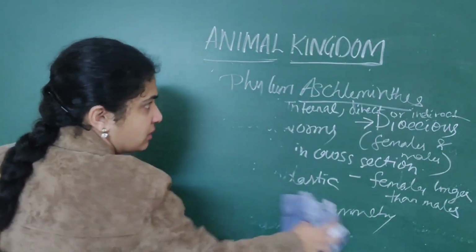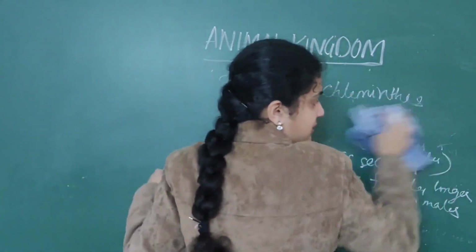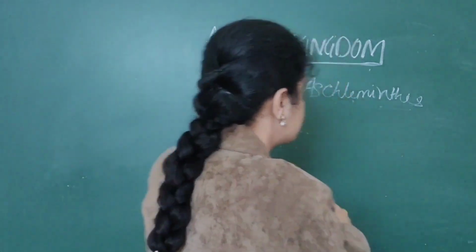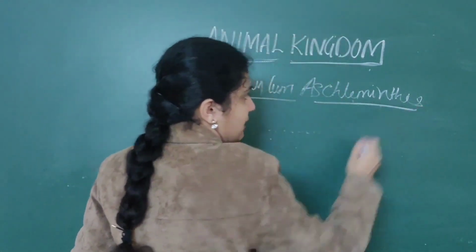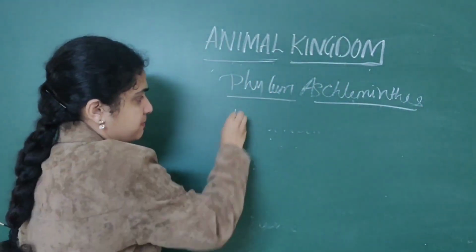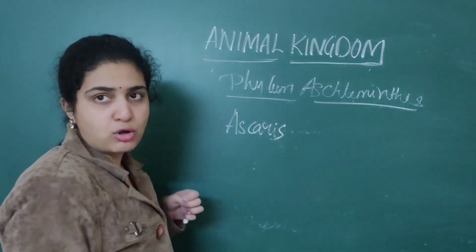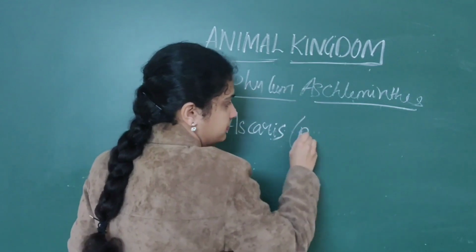So this is about the phylum Aschelminthes. Important scientific names to remember: Ascaris is also called roundworm.